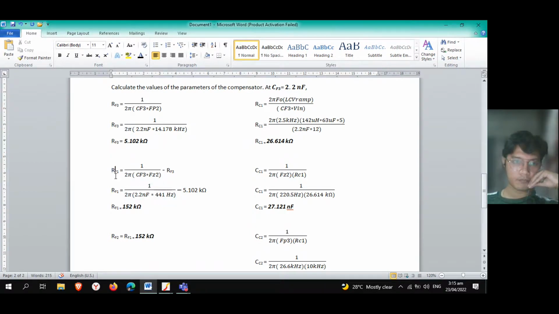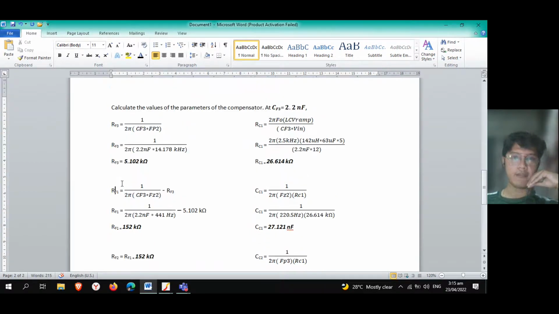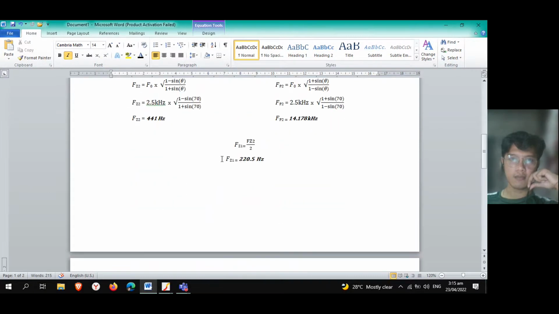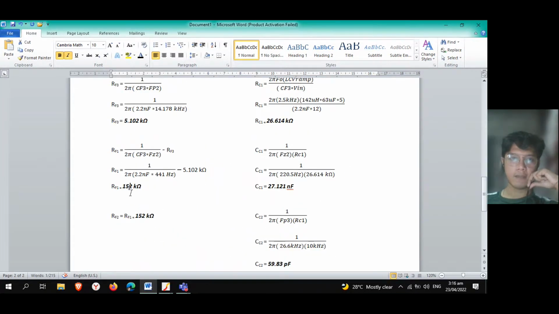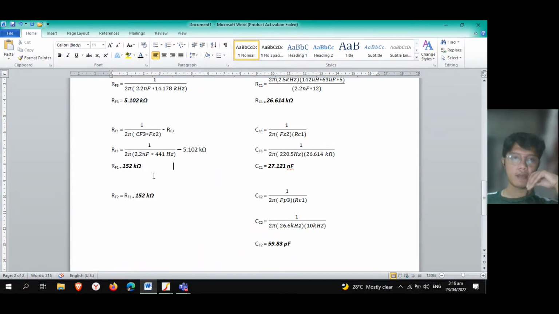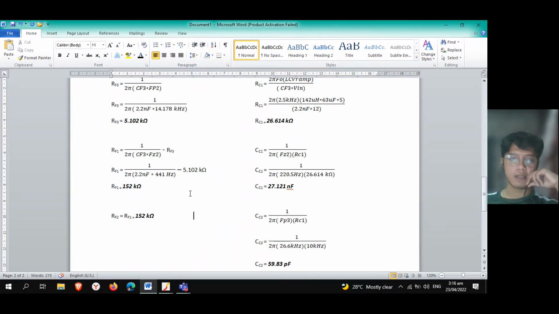For RF1, the formula is 1 over 2 pi times CF3 times FZ2, minus RF3. FZ2 is 441 Hz and RF3 is 5.12K. So RF1 is 152K.